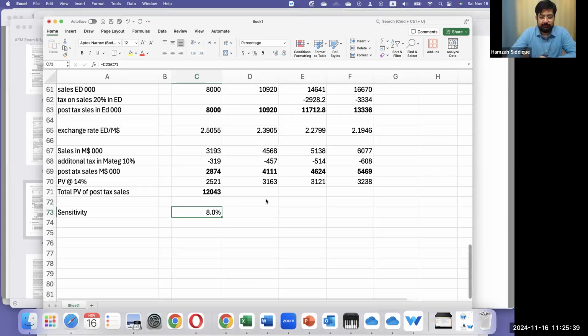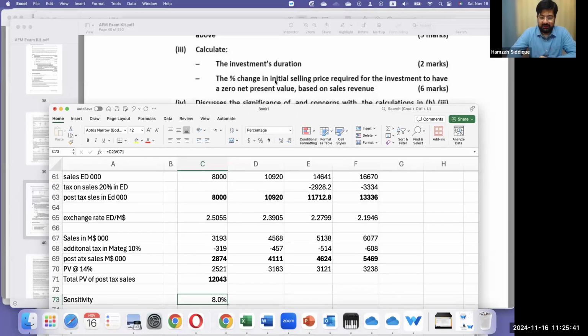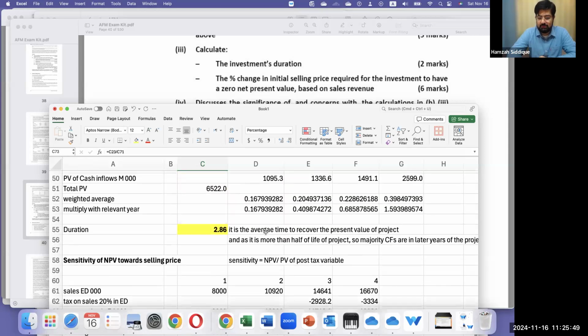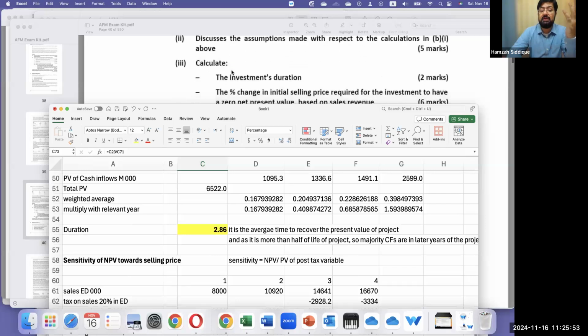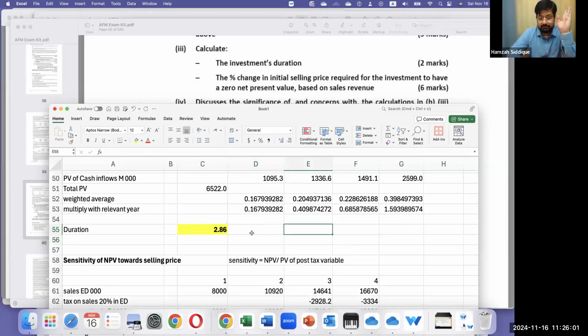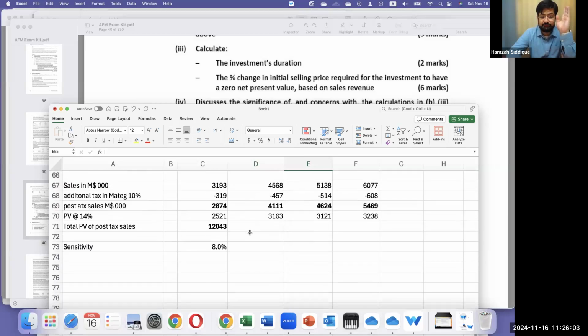So the requirement was to calculate the percentage. By the way, with the duration, we should not have commented, because they didn't ask us to comment. They said calculate only. So this comment is not needed here. It was additional.